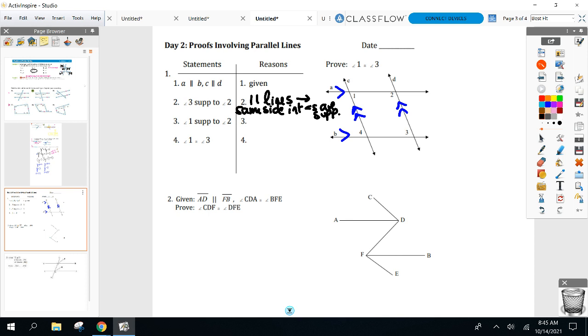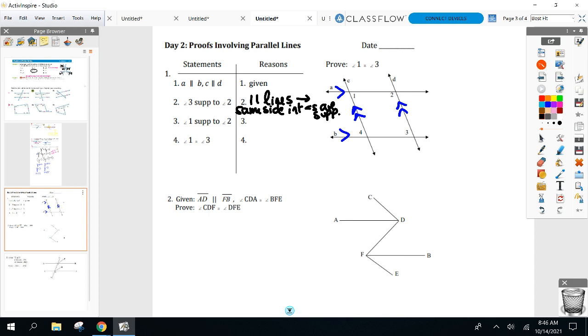Stop me here, because it's only going to get tougher today. Stop me. All right. Now I'm telling you 1 is supplementary to 2. Why? 1 and 2 are also supplementary. Aren't they same side interior as well? For C and D, parallel lines C and D, they're same side.